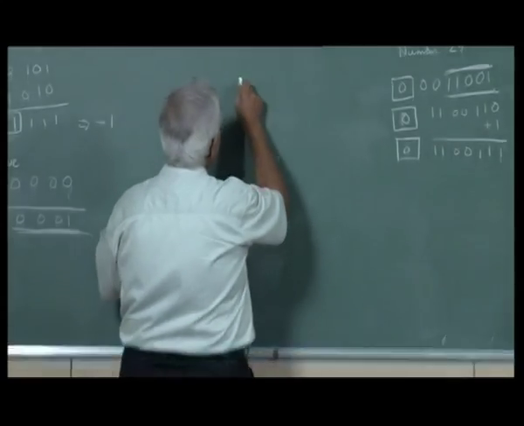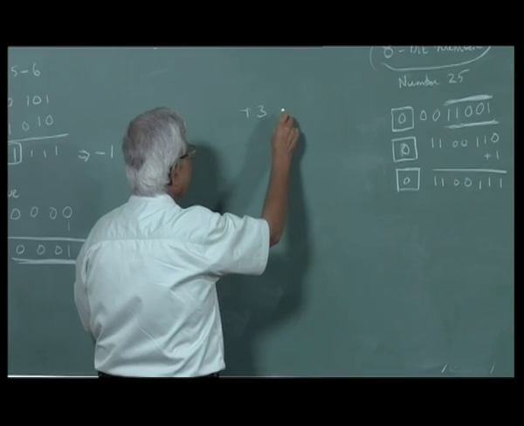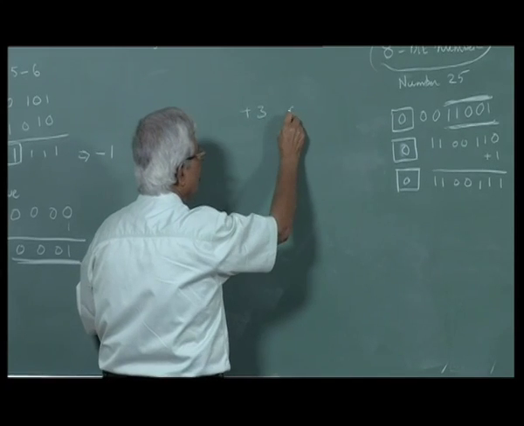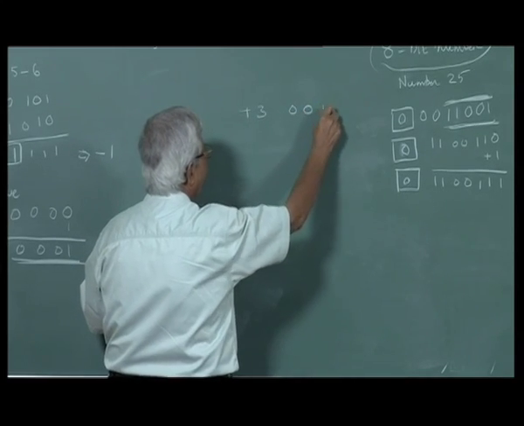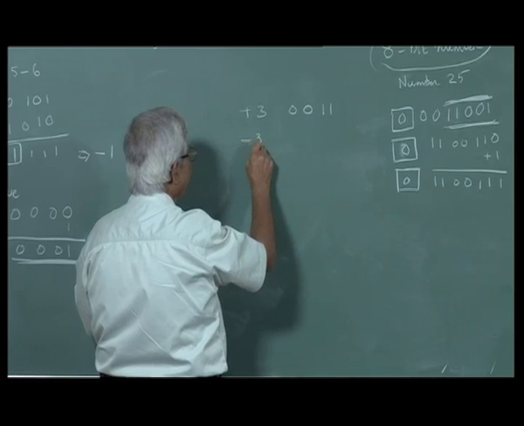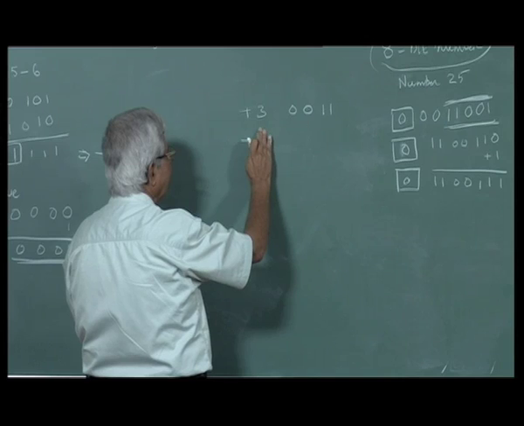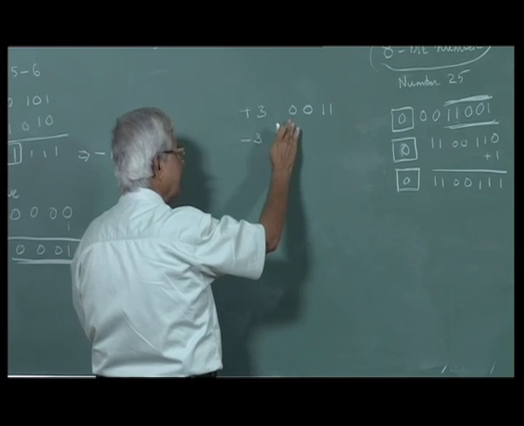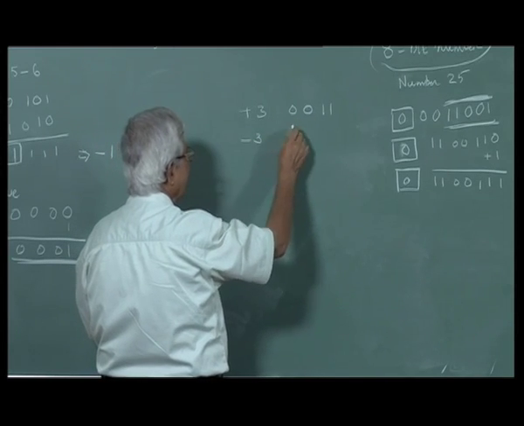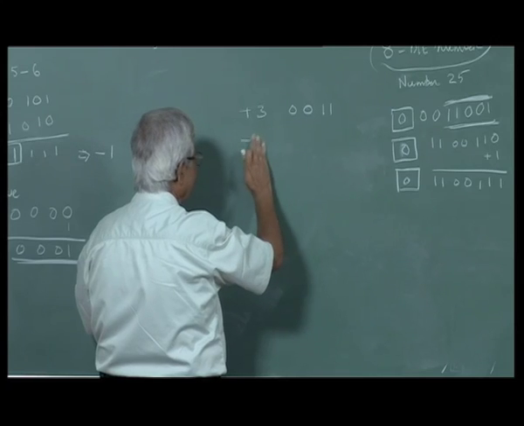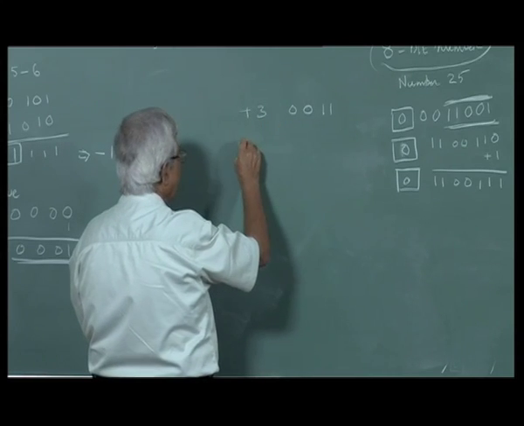Plus 3, let us have 4 bits again, is 0 0 1 1. Minus 3 I will get by inverting it, but I will say 1's complement alone.